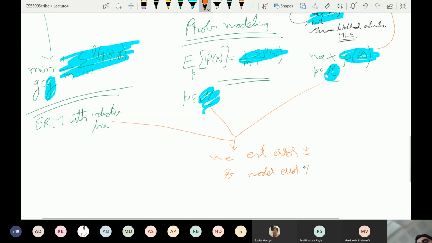In case of inductive bias, what is the meaning of modeling error being 0? It means G star belongs to G. Here in this case, what is modeling error 0? This happens if P star belongs to M, then modeling error will be 0. That's the implication here.